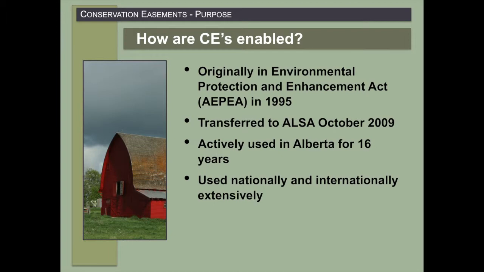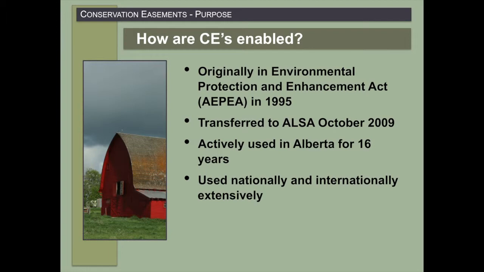So why are we even allowed to do these things? As I said, every province in the country has legislation around this. They all put it in different places. In Alberta, we originally had it in something called the Environmental Protection and Enhancement Act, and that started in 1995. I think we were the second or third province to bring on legislation. Ontario was the first.